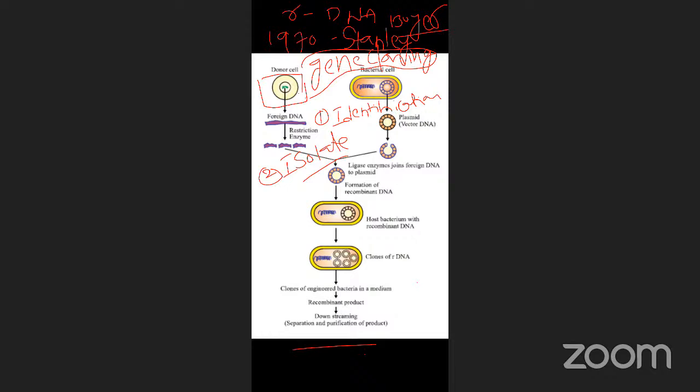Here the bacterial cell plasmid acts as a vector. Now the desired gene and the vector are selected, and they are joined together. That means the desired gene and the plasmid vector DNA are joined.